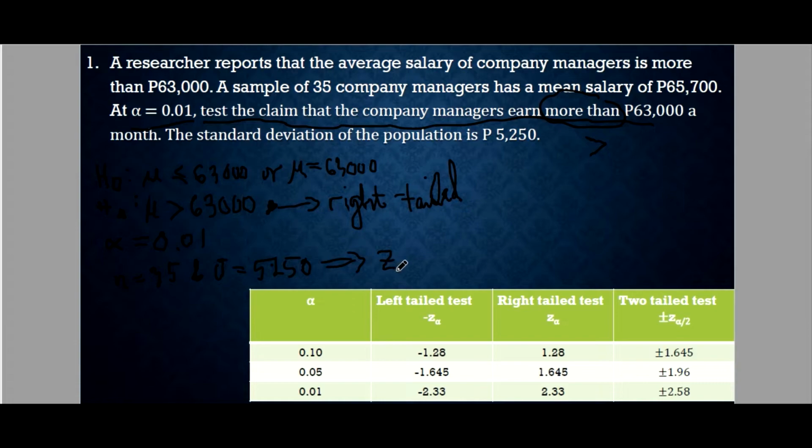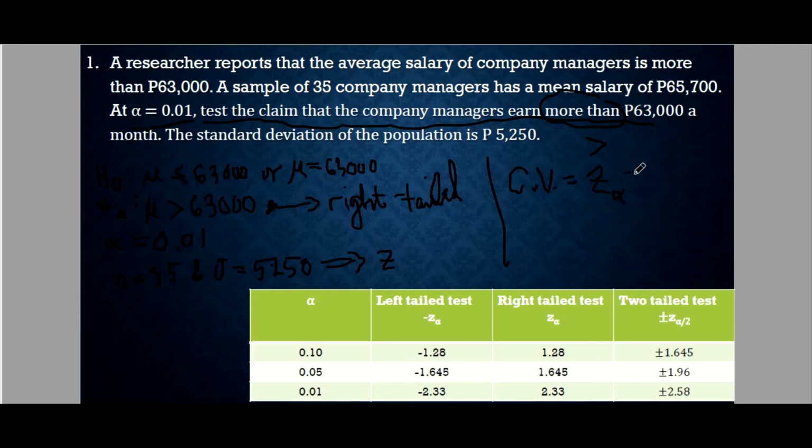Therefore, our critical value or CV is equal to, since this is one-tailed and it is right, positive z sub alpha.